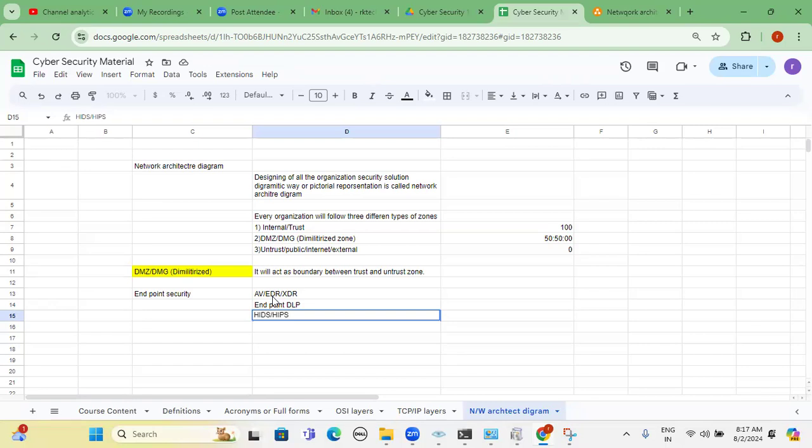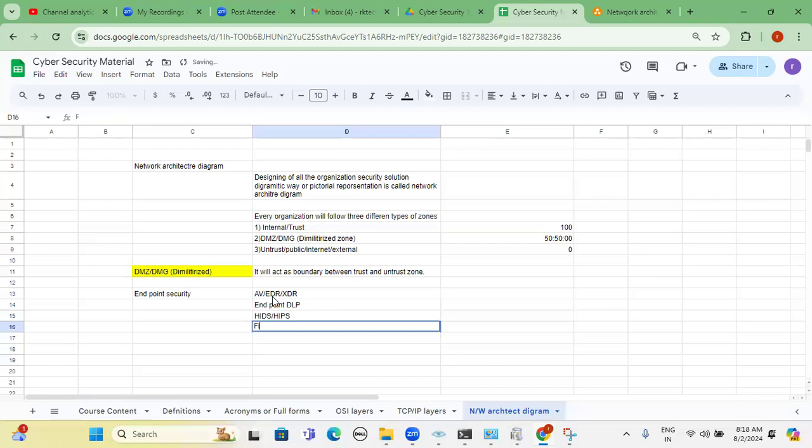Till 2019 or 2020, HIDS, HIPS had a separate solution basically. But once EDR and XDR came into the market, there is no need to implement separate HIDS, HIPS capability. Whatever EDR or XDR product development they are doing, they have inbuilt capability to identify abnormal, malicious, or suspicious activity on the host side. So there is no need to separately implement HIDS, HIPS nowadays.